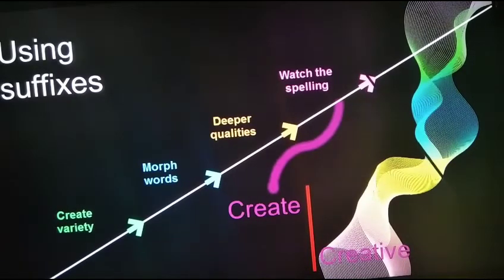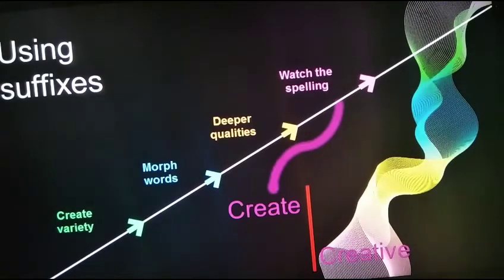And you have to be careful with the spelling, because when you add a suffix, usually it changes the spelling of the word. For example, the word create, when you want to add a suffix to change the word, in this case the suffix ive, changes the spelling of the whole word.